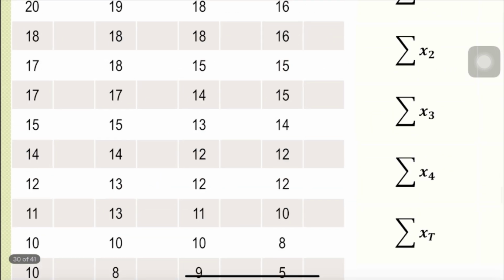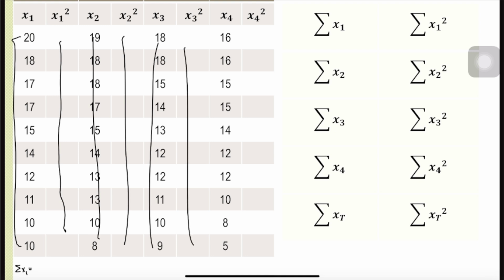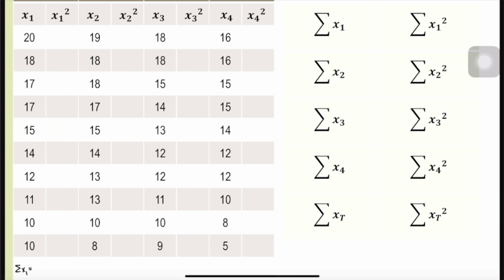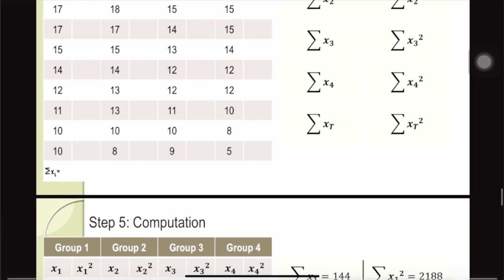You're just going to add all of it, and the same goes for here, here, here, and there, and that's all you need. Once you've summed it all up, you're going to write it down right beside here, but I prefer it below the table so that you won't get confused.